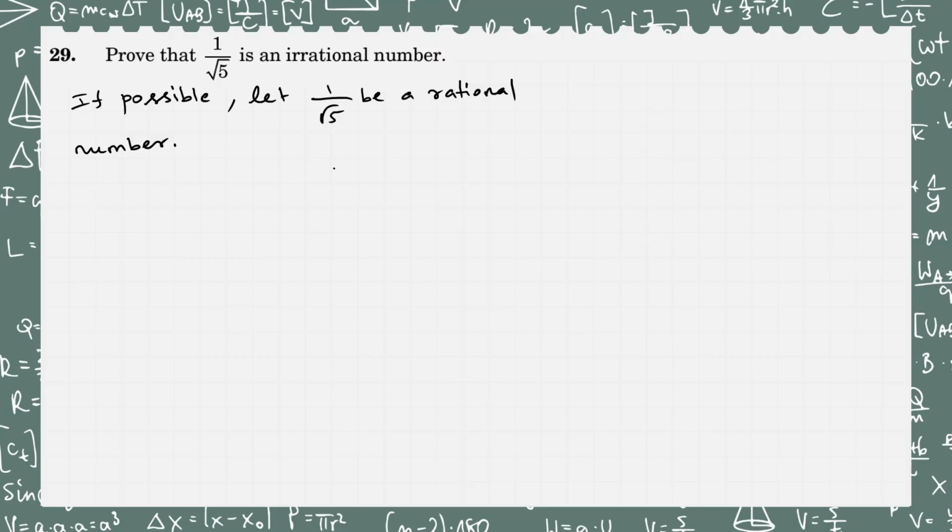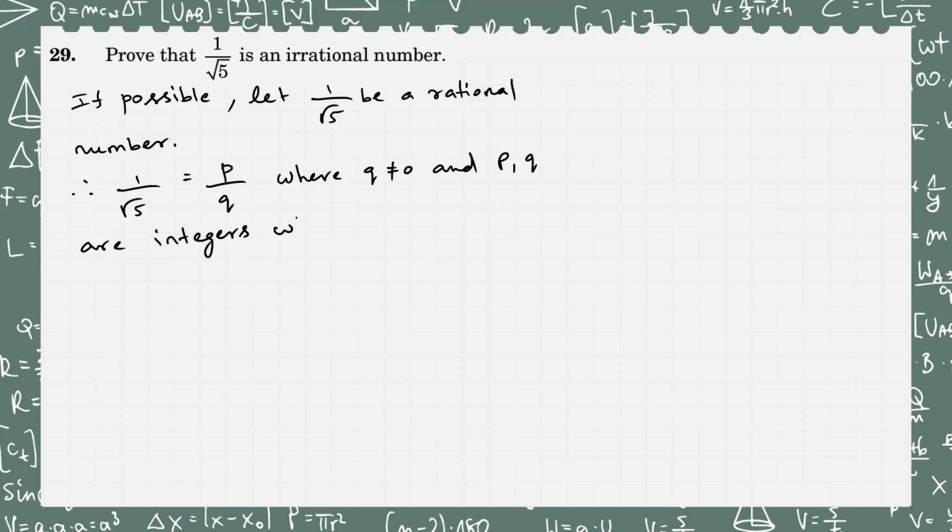They have no common factor other than 1, right? So therefore 1 by root 5 equal to p by q, where q not equal to 0 and p, q are integers which are co-prime.